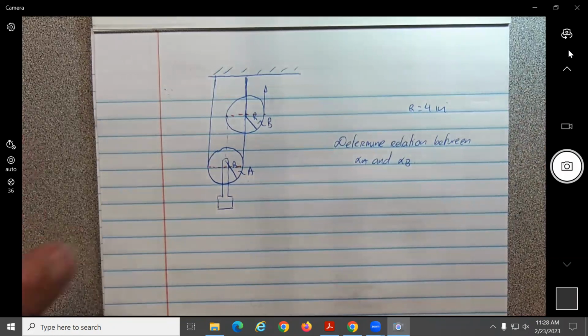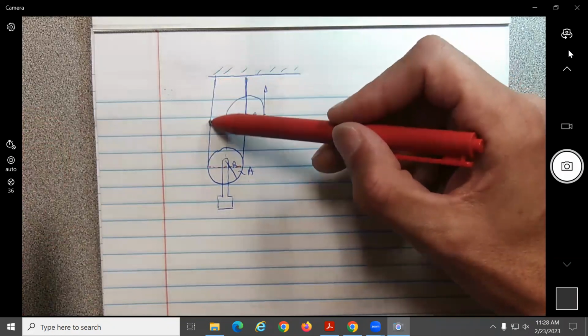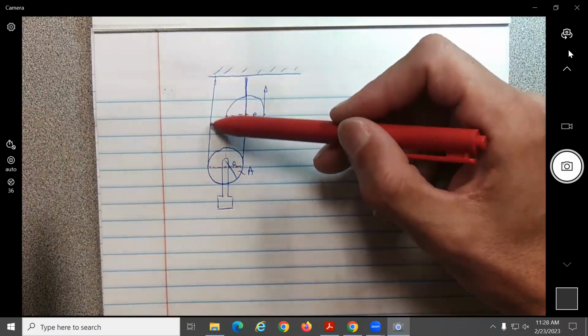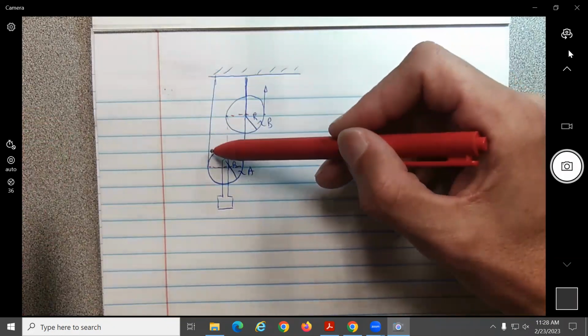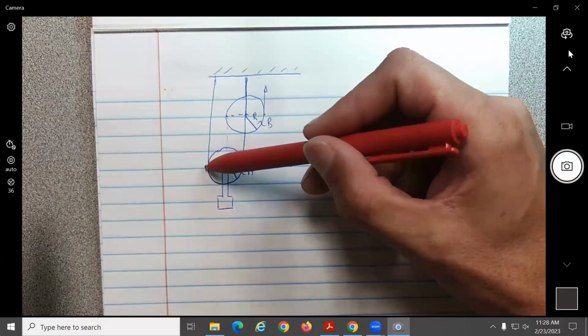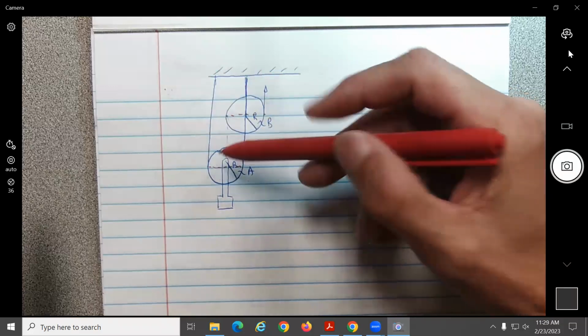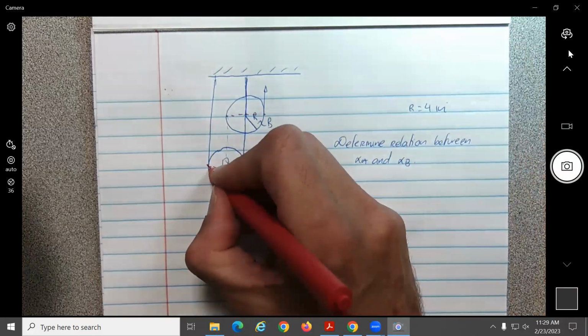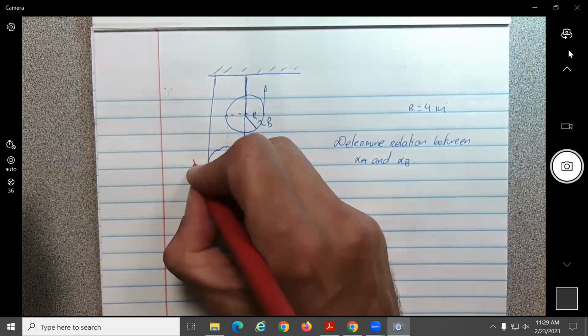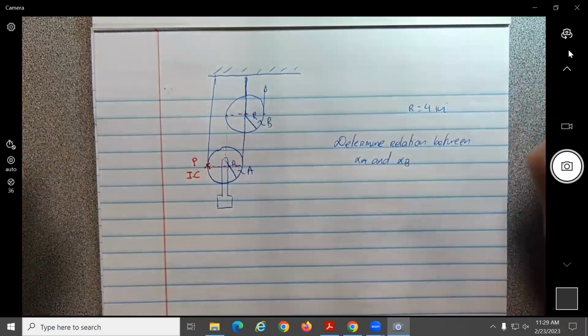What is the definition of instantaneous center? Correct. So basically, you agree that this rope here, what's the velocity of this rope? 0, no? So it will look like this pulley is rolling about this cable, no? Or rope. Yeah? So really this point here is an instantaneous center.